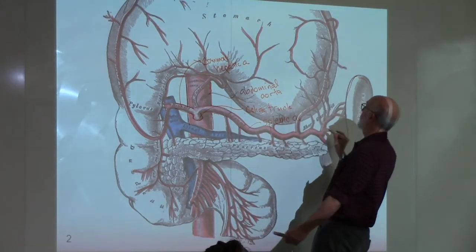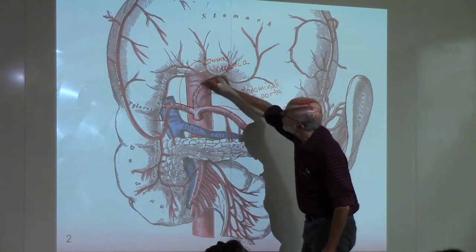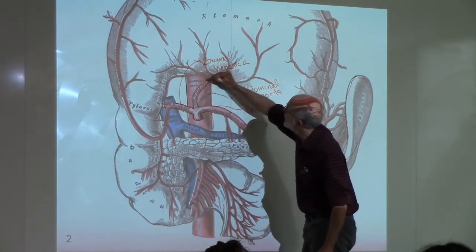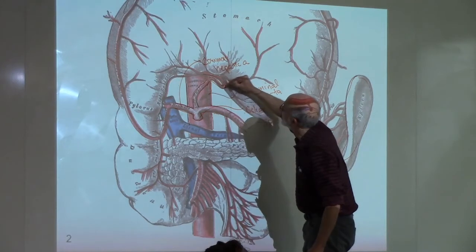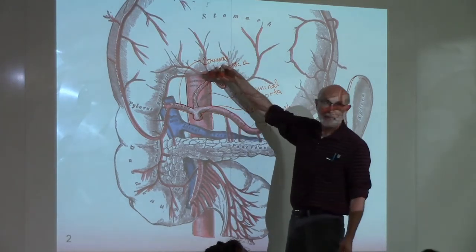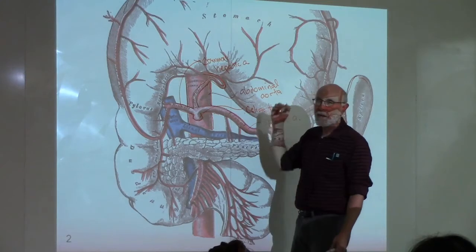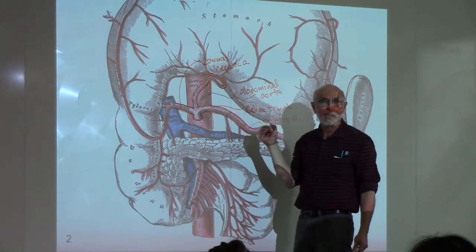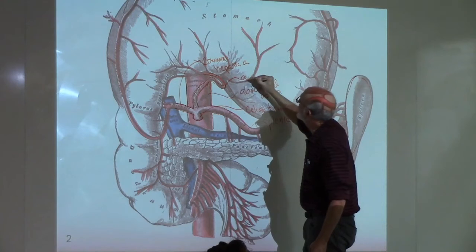This is the splenic artery. Okay, and then what's this 3rd branch from the celiac trunk that goes like this? Let's not worry about left or right just yet. What's its last name? Gastric. So the gastric.